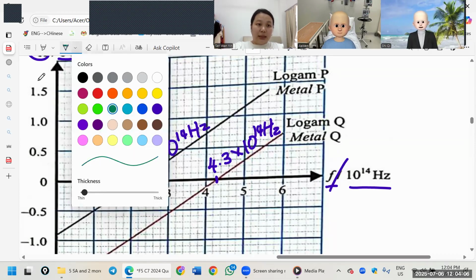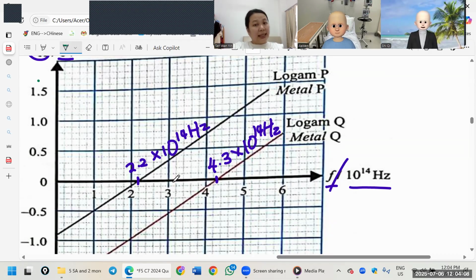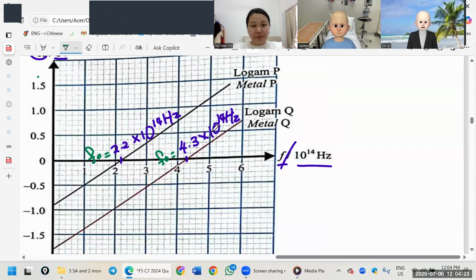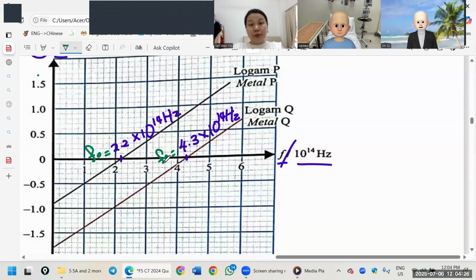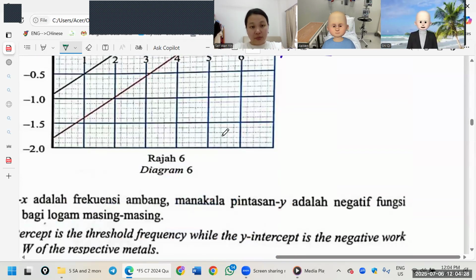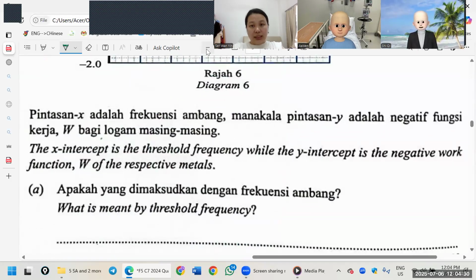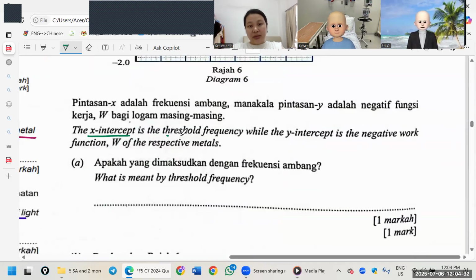And I believe now you can guess already. The x-intercept is f naught. This is the f naught for metal P and f naught for metal Q: the threshold frequency of the metal itself. The x-intercept is the threshold frequency, while the y-intercept is the negative work function.